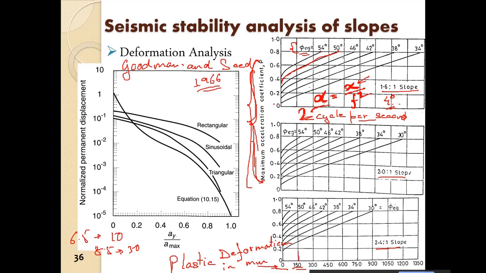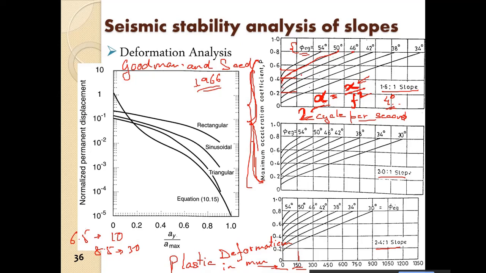Okay, so we have the coefficient, and here it is 150 mm, right? So if the slope angle decreases, we will increase the angle of internal friction.